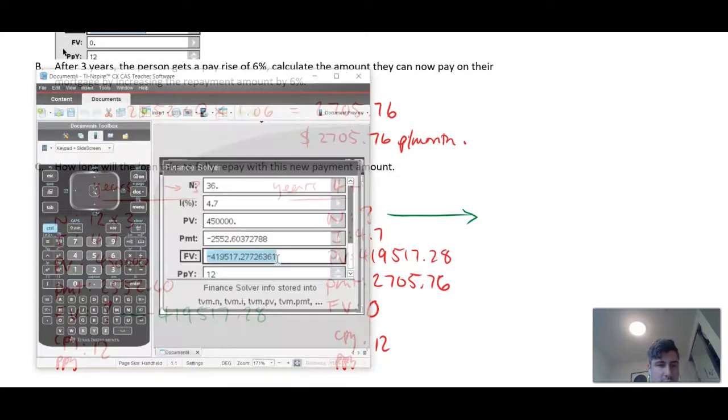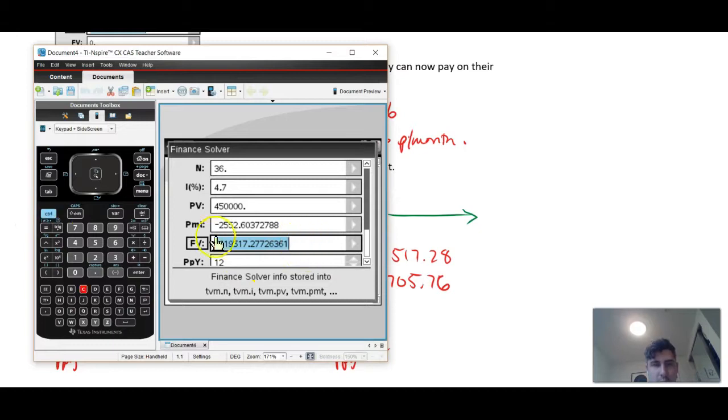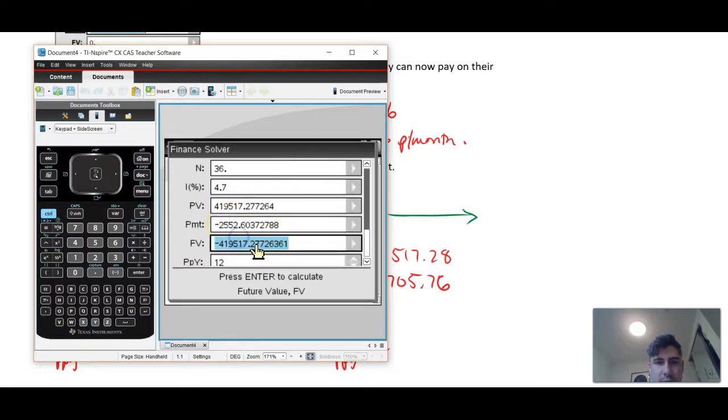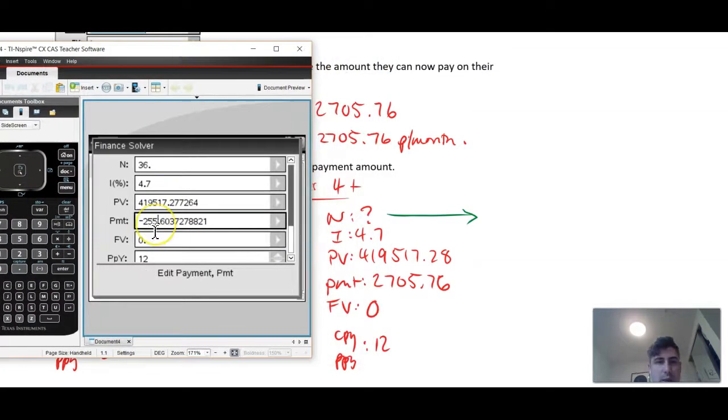So in Finance Solver, the best way to do this is to copy that by pressing Ctrl C, and then going over to PV and pressing Ctrl V, and just making sure you take the negative sign out and change that to 0. And we're going to change this to the new repayment amount, which is 2705.76, and we're going to hit enter up here.